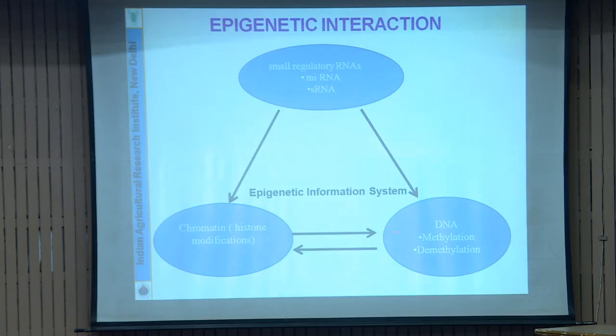All these three pillars have an interplay among themselves. Small regulatory RNAs may lead to DNA methylation and may also lead to chromatin modifications. DNA methylation may also interact with histones to do histone modifications, and histone modifications may also lead to DNA methylation and demethylation. So all three phenomena of epigenetics may be interrelated to each other in certain cases.